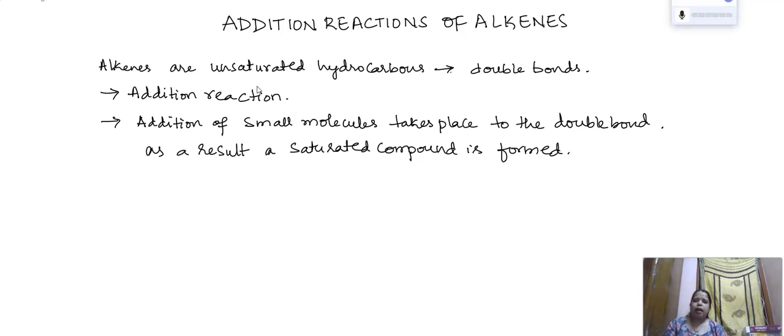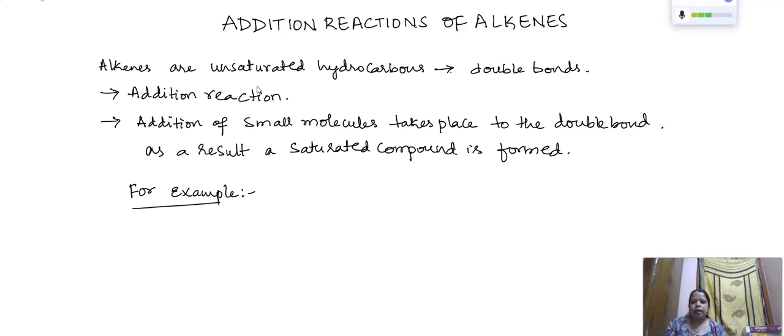Now, let's take an example wherein we are going to add HCl to an alkene. How does the reaction take place? What mechanism will it follow? That is what we are going to learn today.